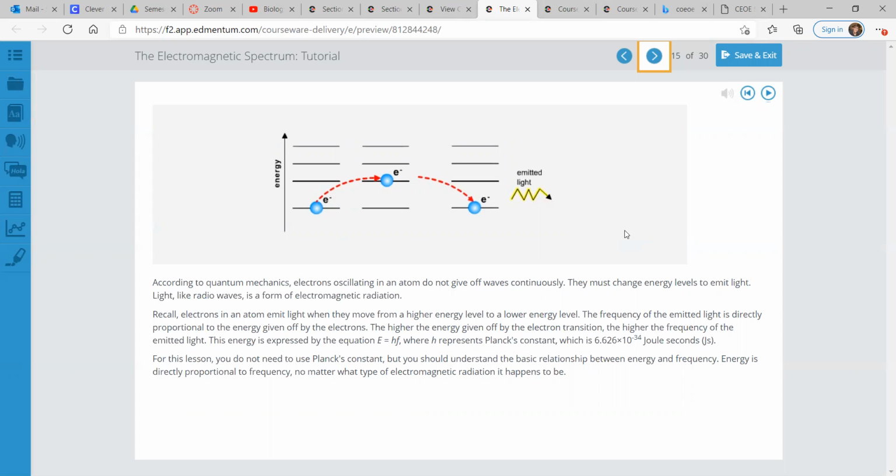That's how we denote it in our notation. For this lesson, you do not need to use Planck's constant, but you should understand the relationship between energy and frequency. Energy is directly proportional to frequency, no matter what type of electromagnetic radiation it happens to be. So higher frequencies, higher energy.